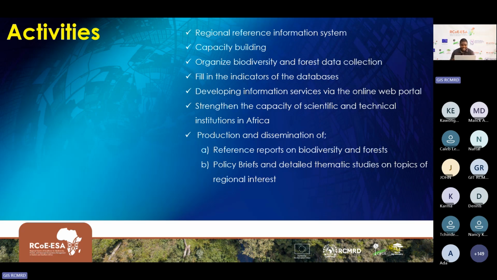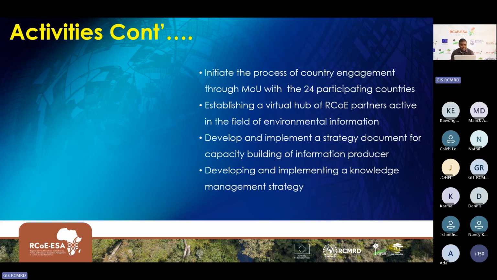These are the different activities we are working with, and we hope by the time we finish the training, we'll be able to see which activity we can pick up and then work around that area.